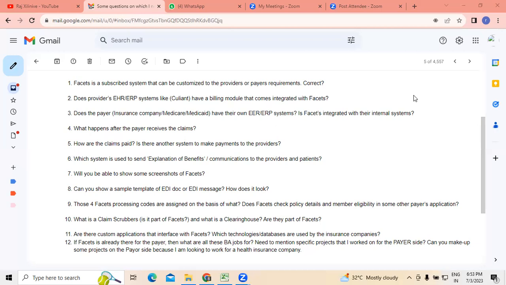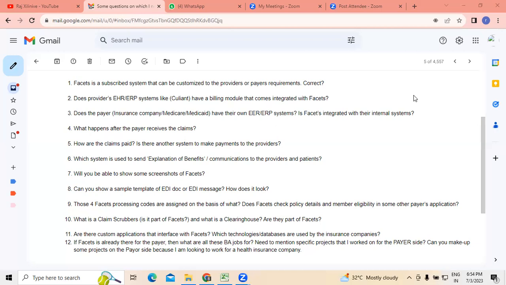Membership means, first of all, you have to understand Facets is an application used by 2 parties. One is the provider and second is the payer. Provider sends a document or request to the payer, and the payer pays against the cost of the expenses.